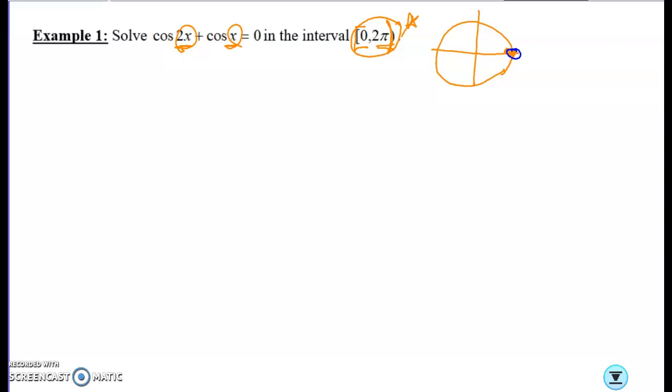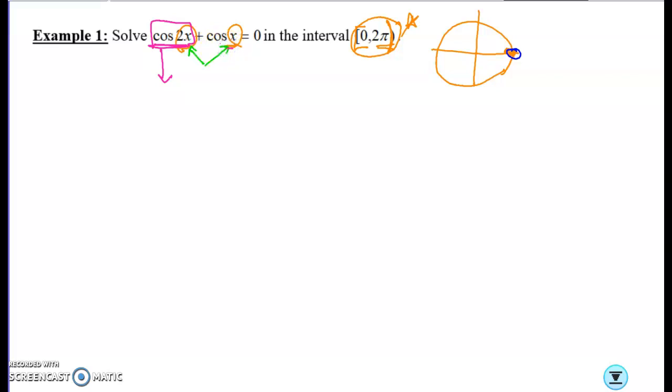All right, so back to solving the problem. How do we take care of this situation where we have two totally different angles? Well, we got to use our identities that I just showed you. So we have an identity for the cosine of 2x, and we're going to use that identity right now and substitute in for it. Now, here's the deal. You had 3 to choose from. I'm going to use the one that would make the most sense for this problem. The other term has just a cosine in it.